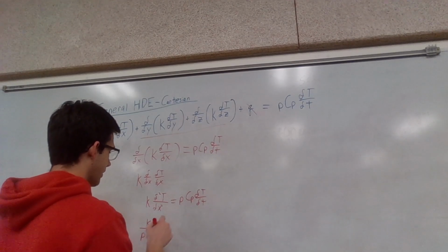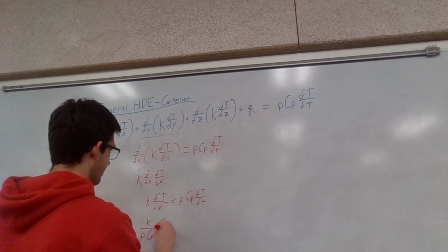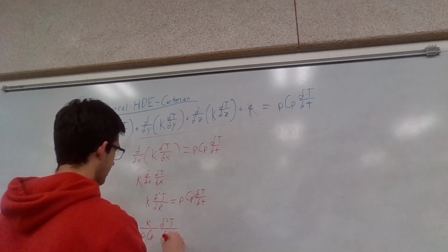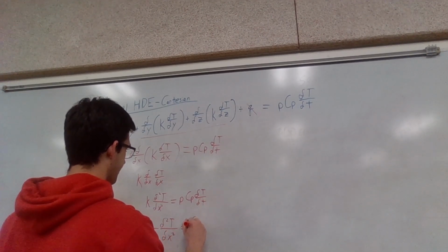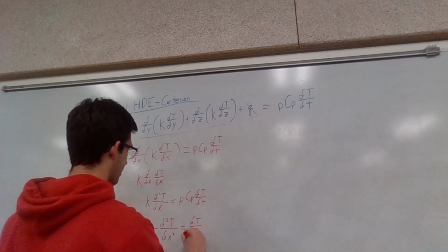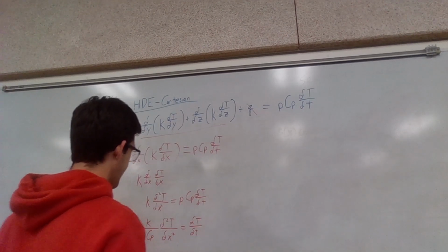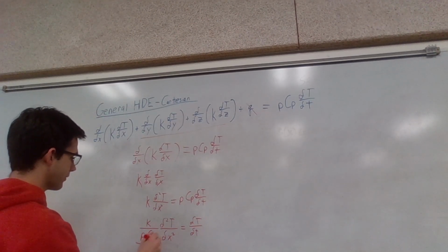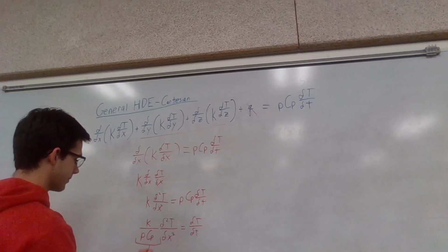And now that's going to be multiplied by our second order partial here, and it's going to be set equal now just to our change in temperature with time. And what we're going to do to make this simpler is just call this term here alpha.